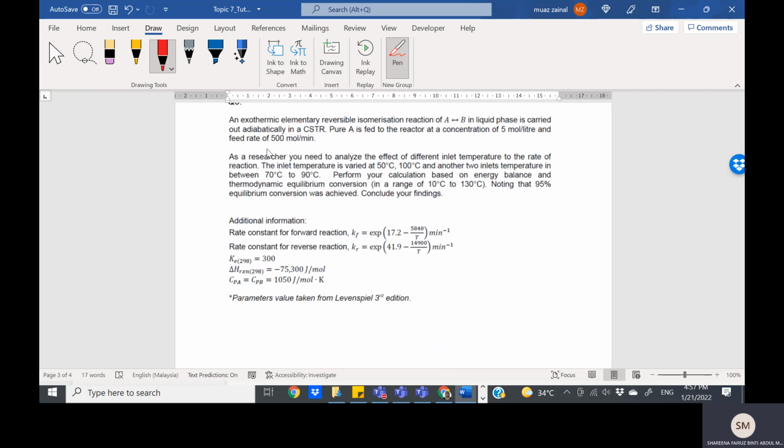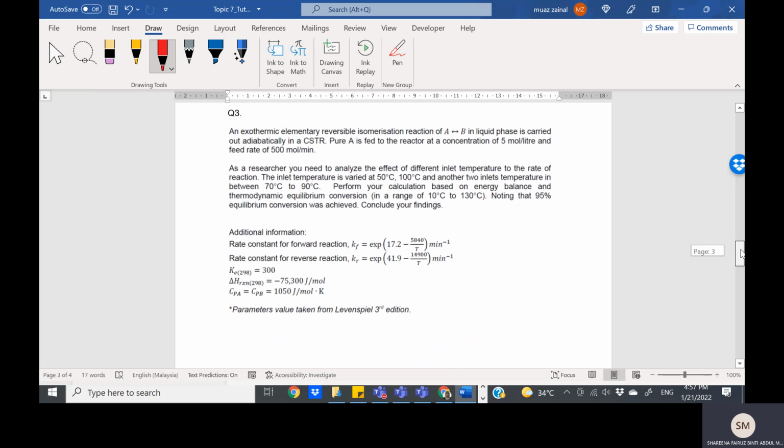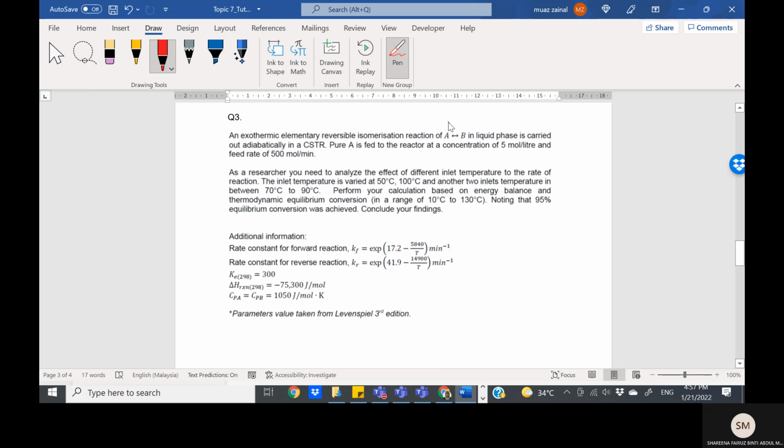So then we have another one. This is from the final assessment of the previous semester. An exothermic elementary reversible reaction, now it involves a reversible reaction, so we find XE; mostly they will ask for XE.